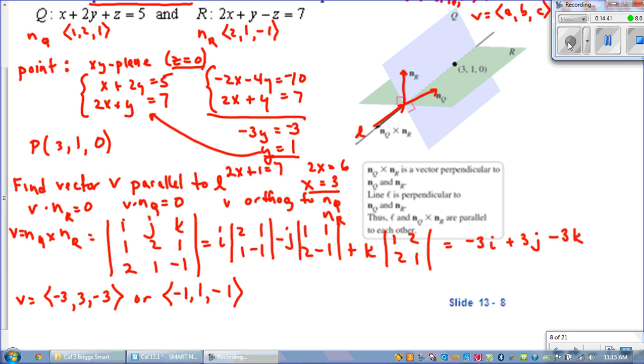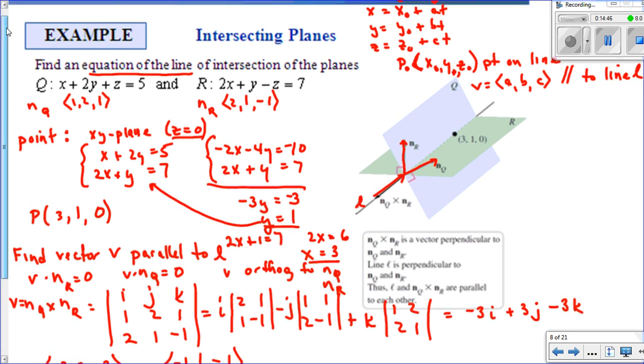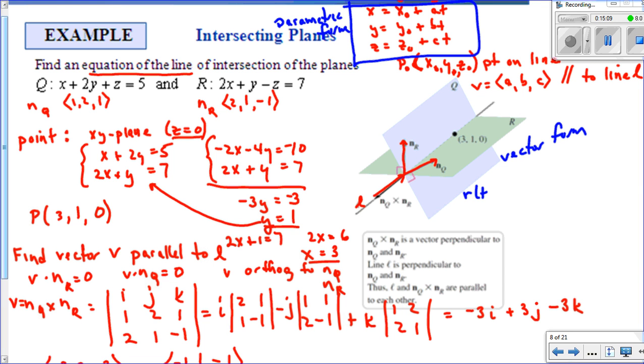So now the equation of the line. Now we have two ways we can write it. I had it written parametrically up here. This is the parametric form for it. You can also write it in vector form, by saying that the equation R of t would be x naught, y naught, z naught plus t times ABC.